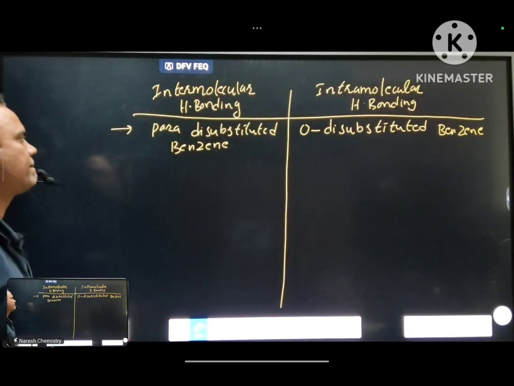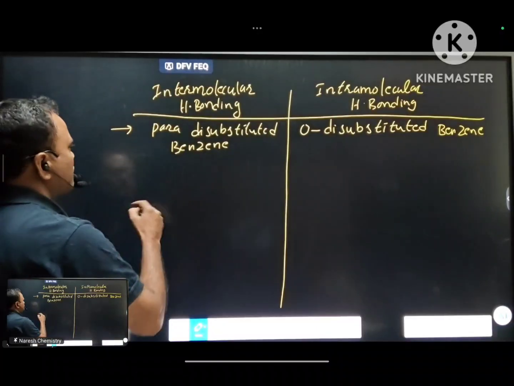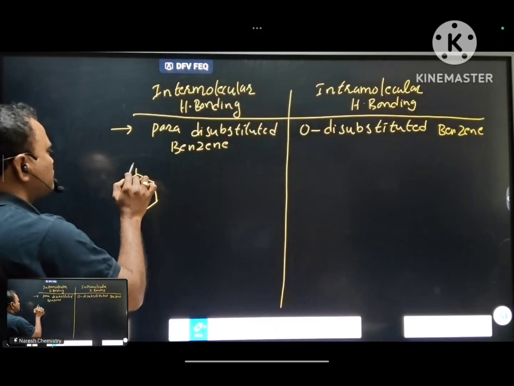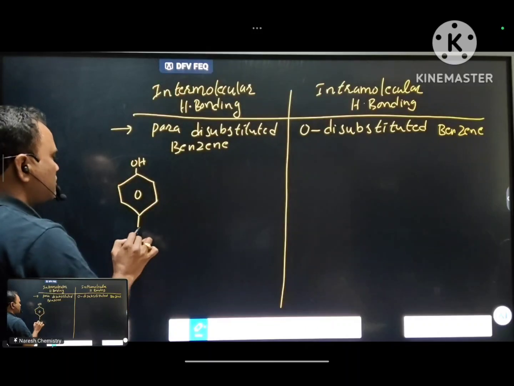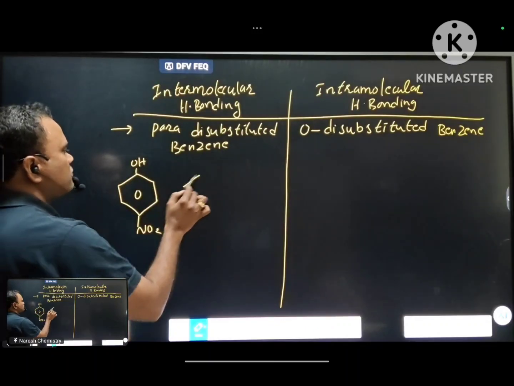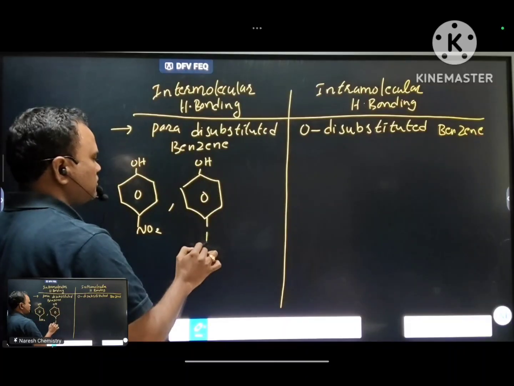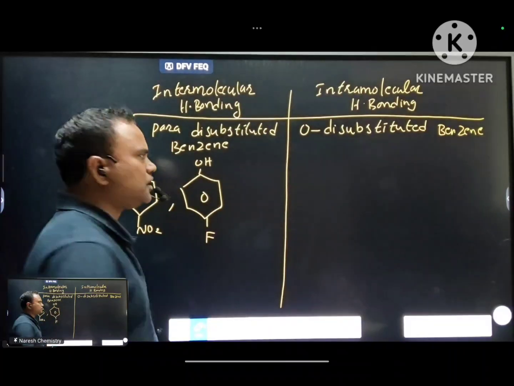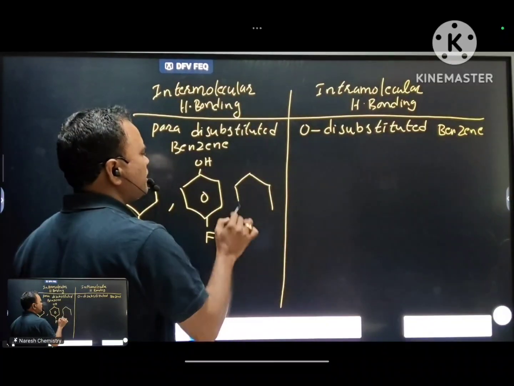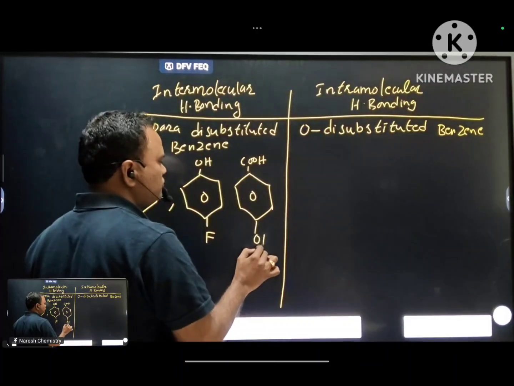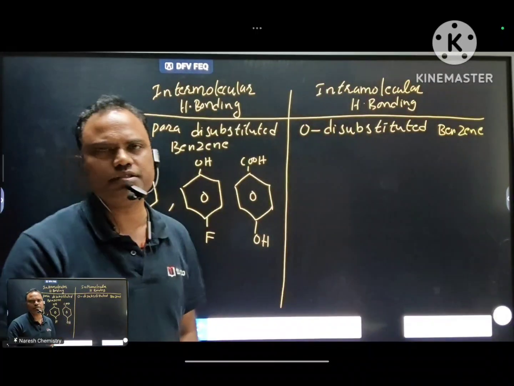Examples for the para case: para nitrophenol, para fluorophenol, para hydroxybenzoic acid, all para. In the para position the hydroxy group is there.